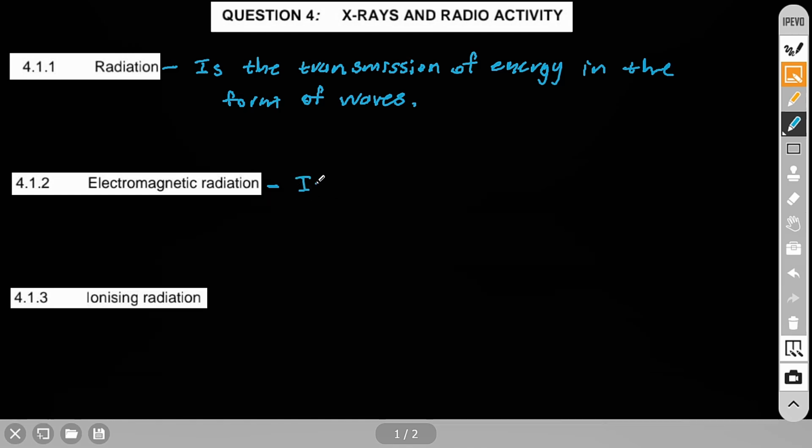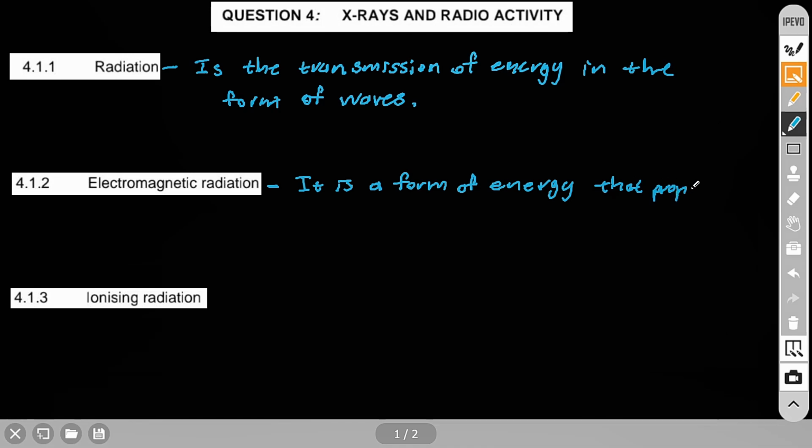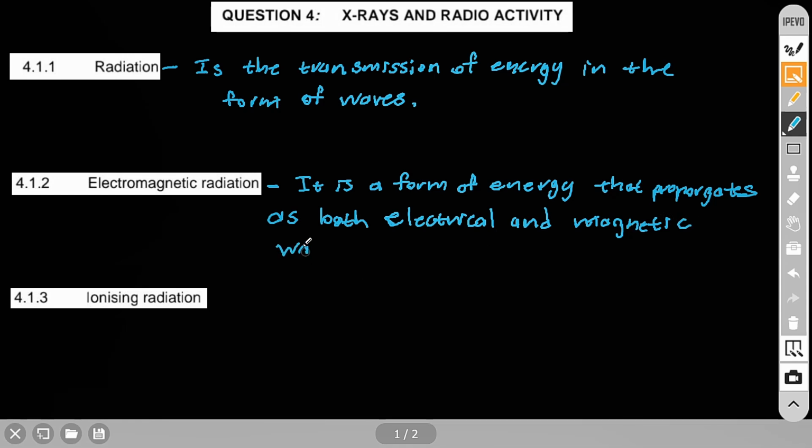So it is a form of energy that propagates as both electrical and magnetic waves. So that was your definition, guys.